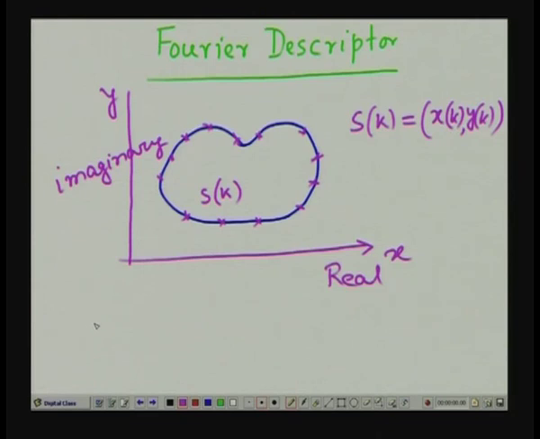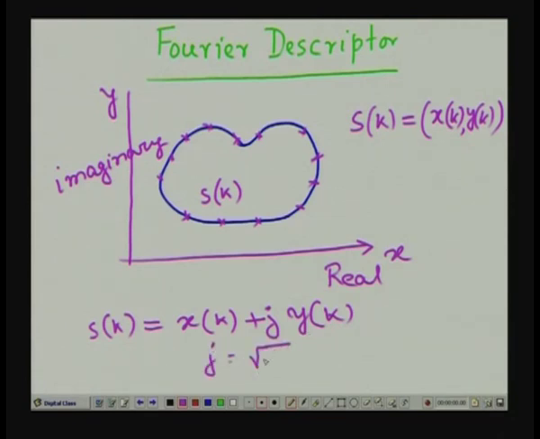Then every boundary point sk in this sequence of boundary points can be represented by a complex number, which is given by xk plus j yk, where j is equal to square root of minus 1. Based on this interpretation, every discrete point on the boundary can be represented by a complex number.